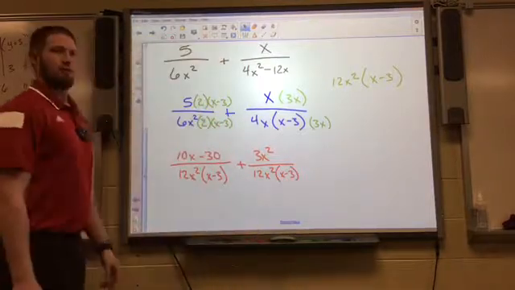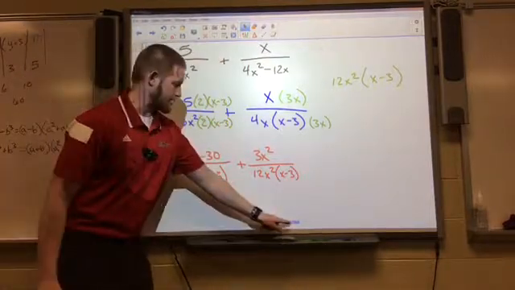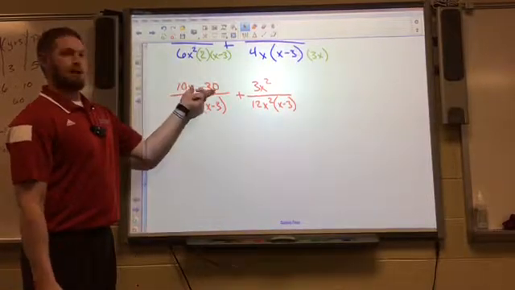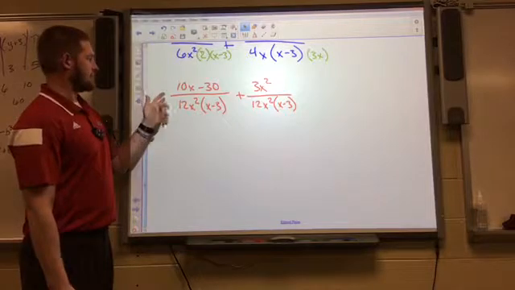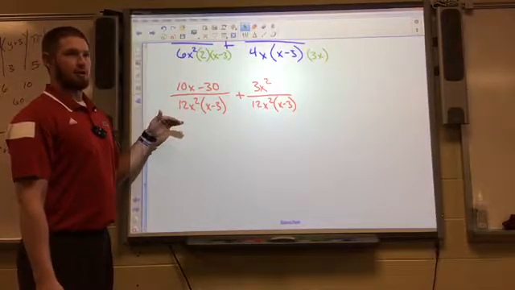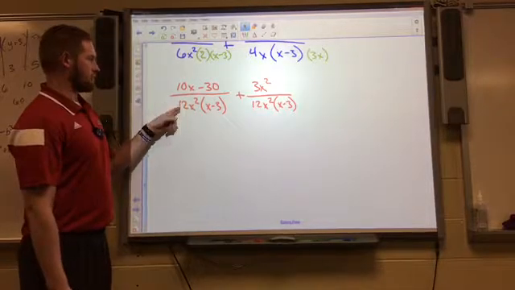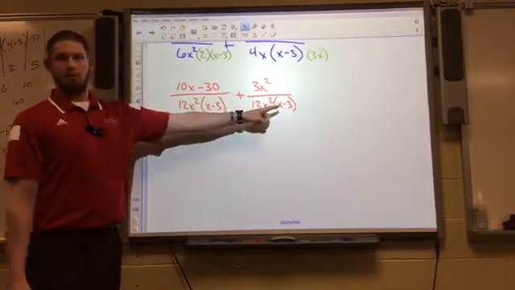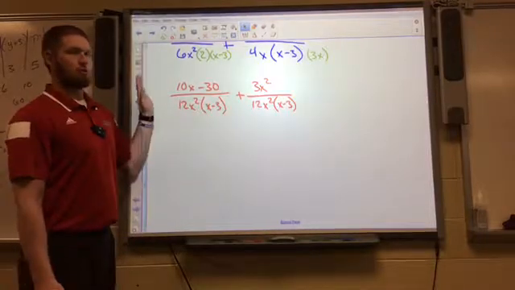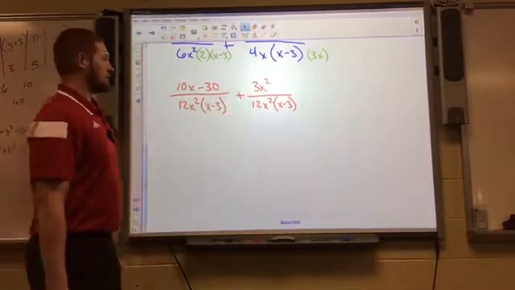Now, one common mistake here is people look at this and they're like, well, I want to factor that, and I have a 10, and then I can reduce my 10 and my 12. You don't want to do that, because once you reduce your 10 and your 12, now you don't have a common denominator anymore. You guys get what I'm talking about? So you don't want to reduce anything until the very end.